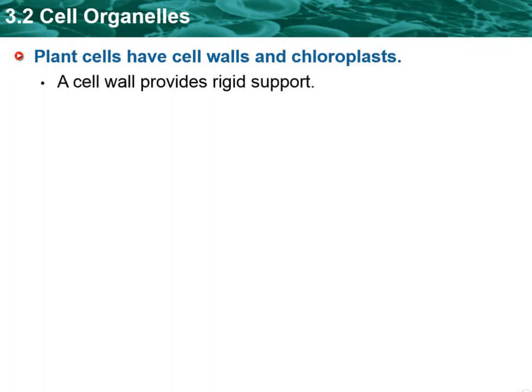Okay, plant cells have a few different structures than what animal cells would have. Plants are going to have a cell wall, and animal cells do not. Both plant and animal cells have cell membranes, but they don't both have cell walls.